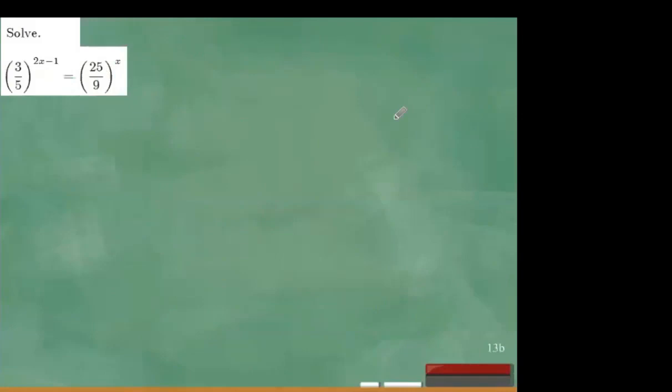Here we're going to solve for x. I have (3 over 5) to the power of 2x minus 1 is equal to (25 over 9) to the power of x. If I can make the base the same, I would do that.